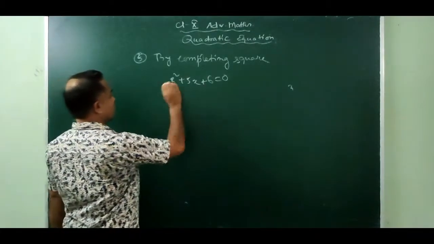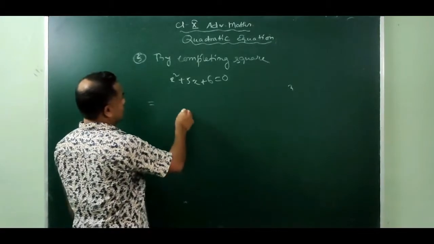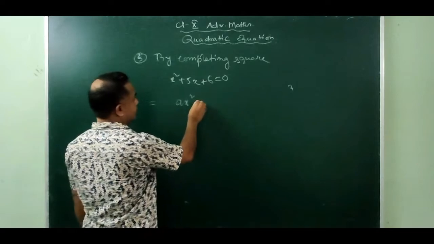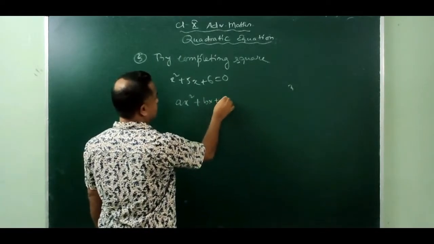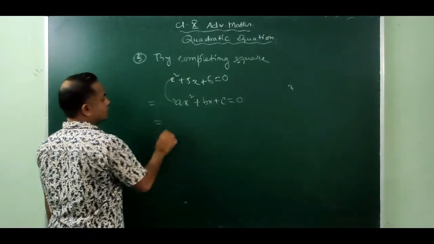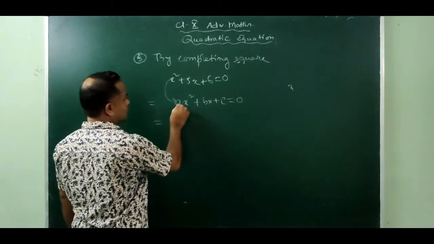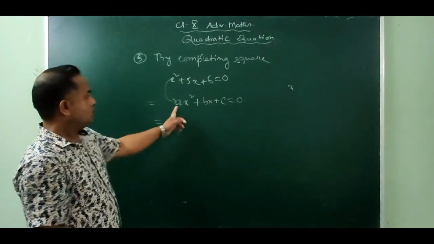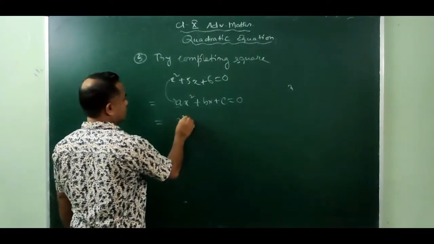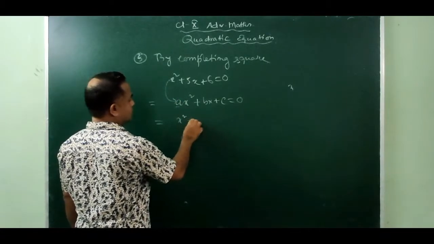Let's see how to solve by completing the square. We have the quadratic equation ax square plus bx plus c equal to 0. Here we will divide by the first coefficient, that is a, the coefficient of x square. After cancelling, it makes only x square.